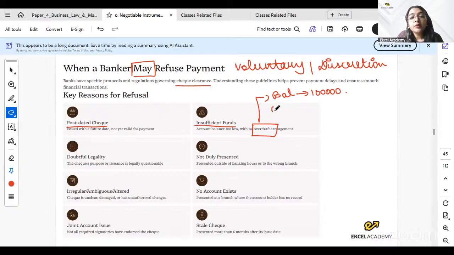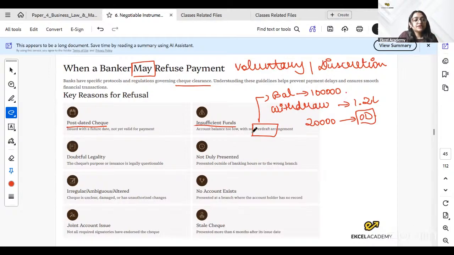The bank will allow you to withdraw an additional amount, let's say 1.2 lakhs. So that extra 20,000 is your OD or overdraft facility. So if there are insufficient funds but you are able to issue a check under overdraft facility, the bank may go ahead. But if there is no overdraft facility, the bank may refuse the payment.